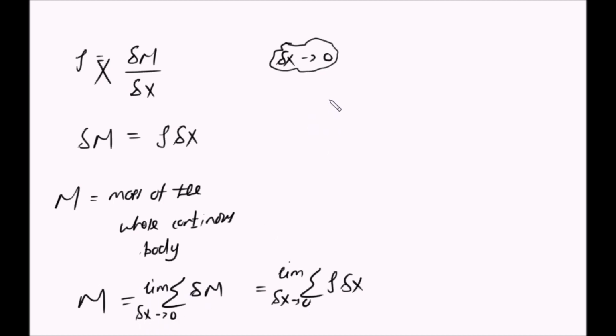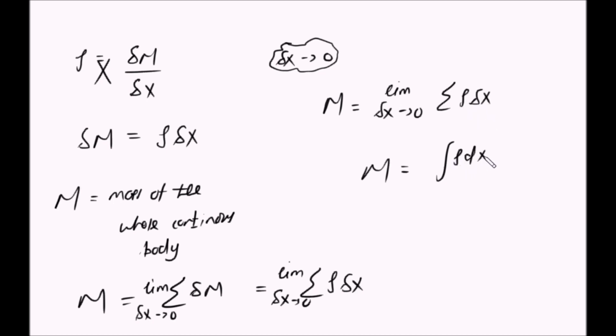So now the mass of the whole body, kama nilivyosema hapo, ni the limit of this summation here as delta x approach 0. But remember tusema integration is the limit of a sum. Kwa hiyo manake itakuwa ni we integrate rho afi delta x sasa inakuwa nini? Dx.